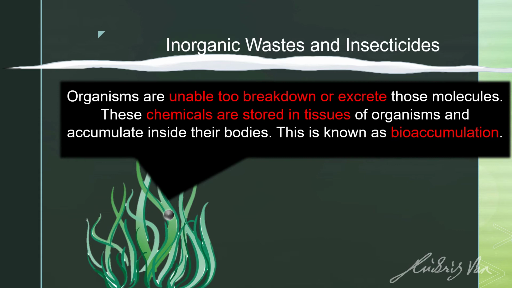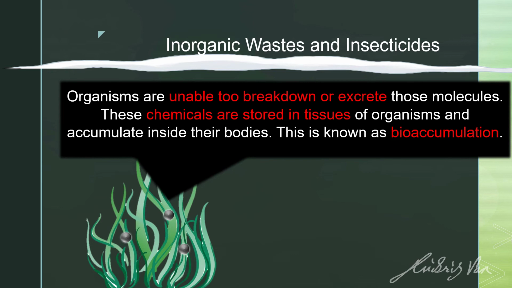For most of their evolutionary history, they really did not have to deal with those chemicals. So they lack the enzyme to break down those molecules, neither do they have the system to excrete them. And as a result, those chemicals are stored in the tissue and accumulate inside their bodies. This is known as bioaccumulation.